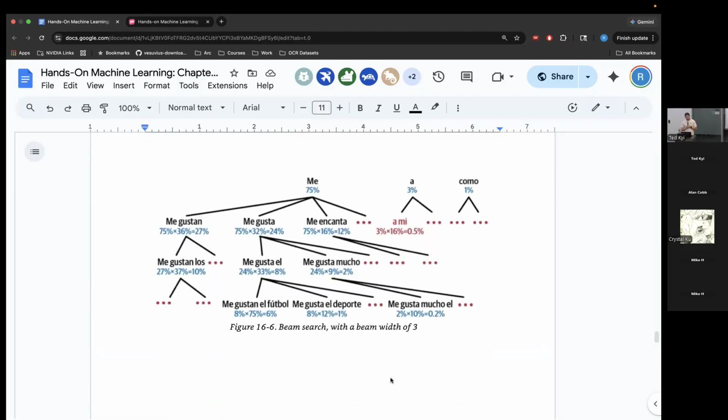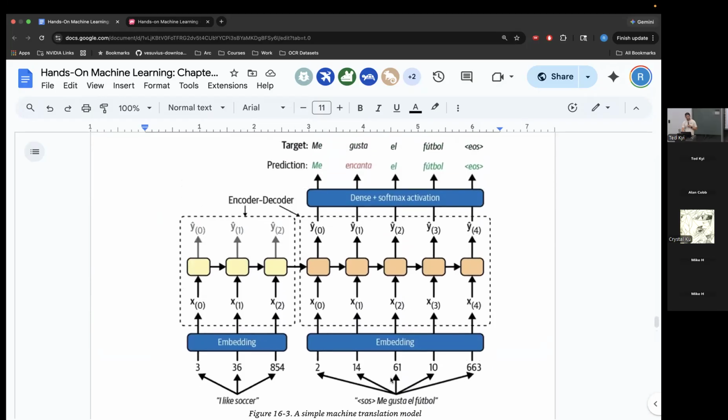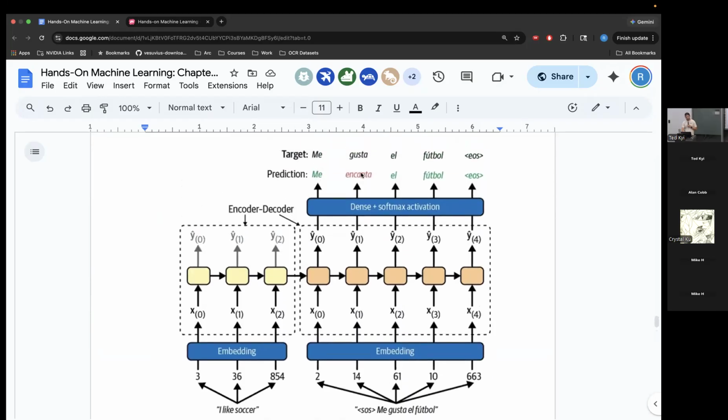So one of the things that they showed was that it's common to do sampling rather than hard outputs. So when we're back here and it's saying I'm gonna guess these words, it has a certain word that is its favorite, and we could just always pick that every single time.